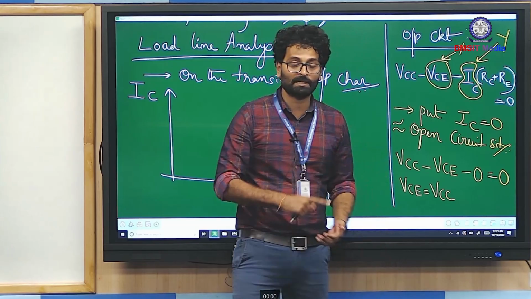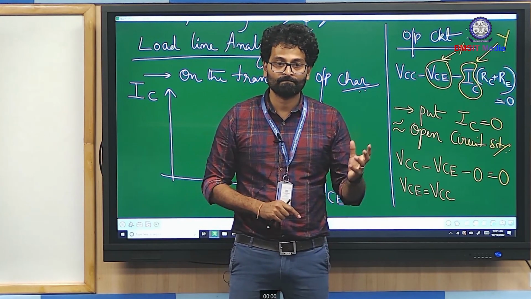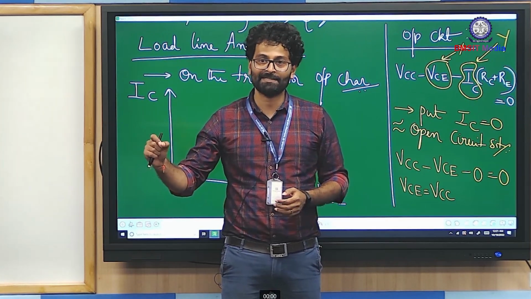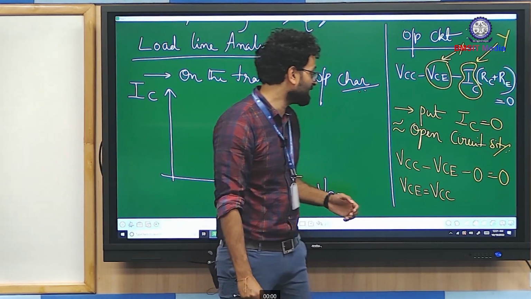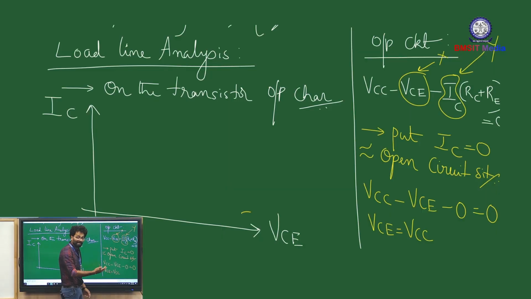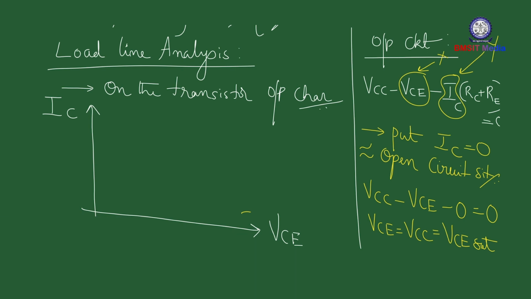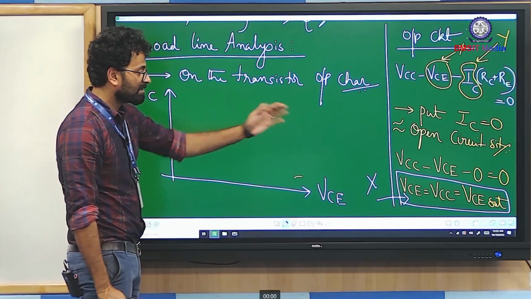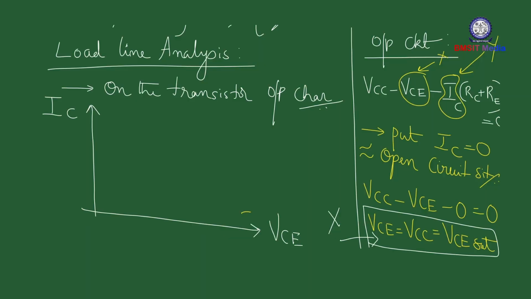Now remember, while handling the operating point concept, the x-intercept we assumed as VCC. Since VCC is the maximum power supply voltage, this is called VCE sat or VCE saturation. So this is your x-intercept. You have located the extreme x point, which is located at VCC.